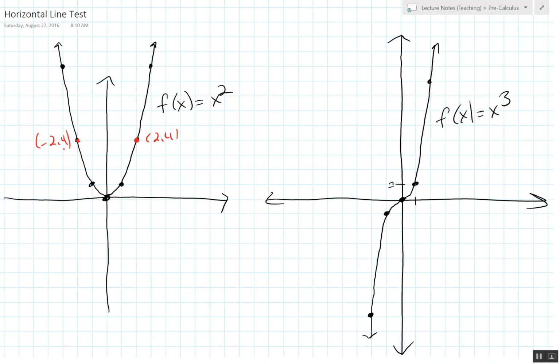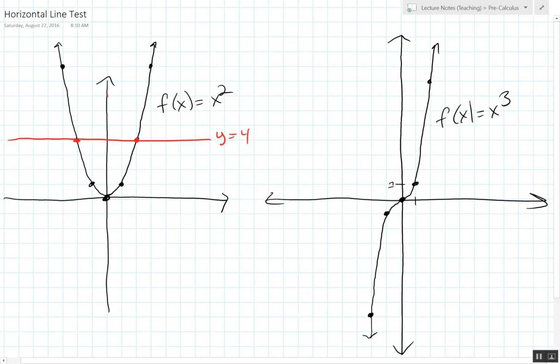But also notice that since they have the same y-coordinate, they actually lie on the same horizontal line, y equals 4. And notice that any horizontal line above or on the x-axis will intersect this graph.